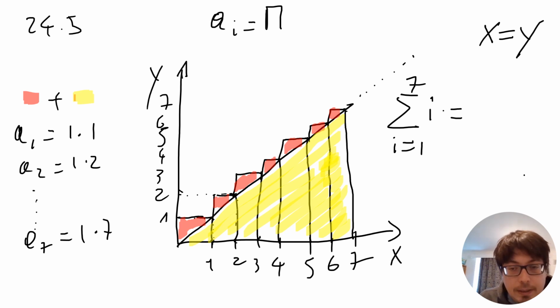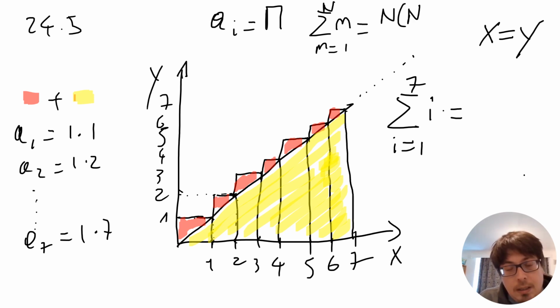But basically the formula says that when you sum the integers n from 1 to big N, the sum is N times N, hope to get it right, I will check later on, divided by, I think it's plus 1. Let's see if it's correct.